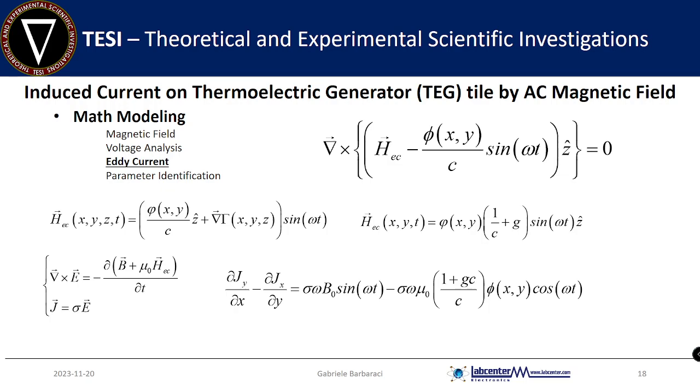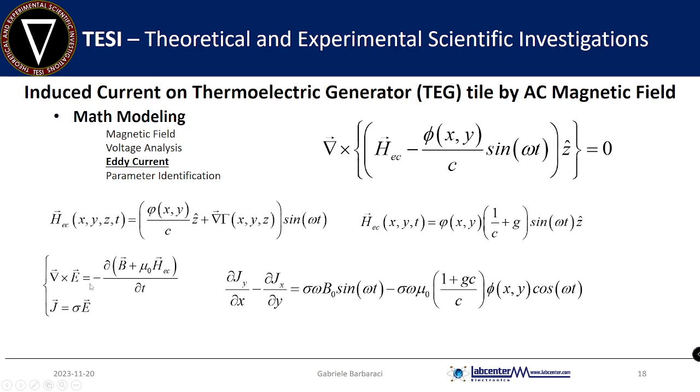Now, since we know that the curl of H is equal to J, and J is equal to the curl of that function, I put everything inside the same parentheses, and by eliminating the curl, I can assume that the curl of the gradient is zero. So I can introduce a further gradient function, x by z, multiplied by sine omega t. What we obtain is the magnetic field as described in this expression, where the gradient of gamma is equal to phi(x,y) times g along that direction.